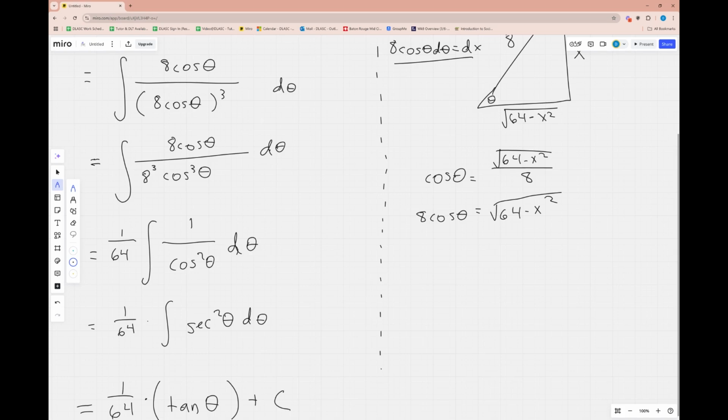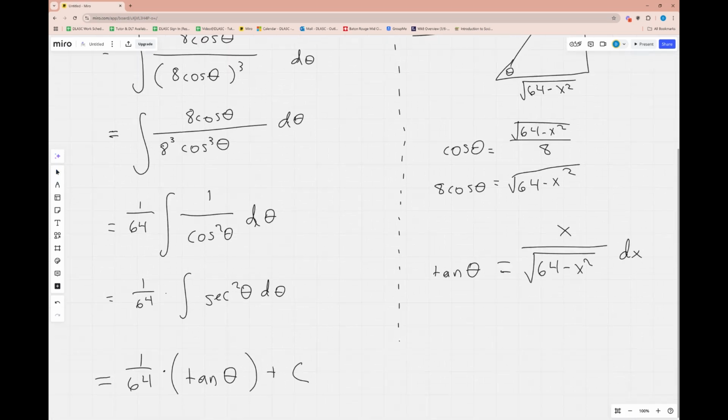So for this particular one, well, tangent theta, this is going to be opposite over adjacent, right? So that's going to be x over the square root of 64 minus x squared.